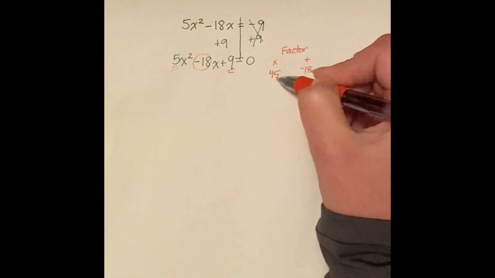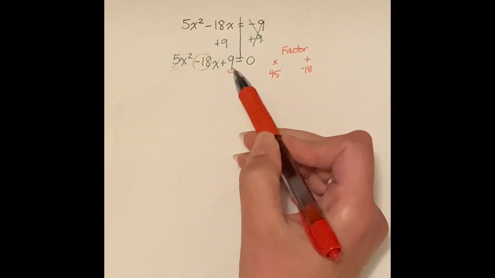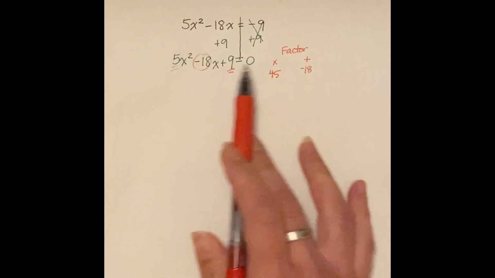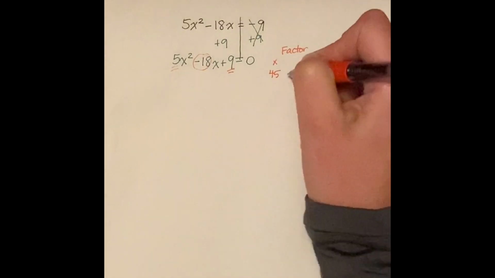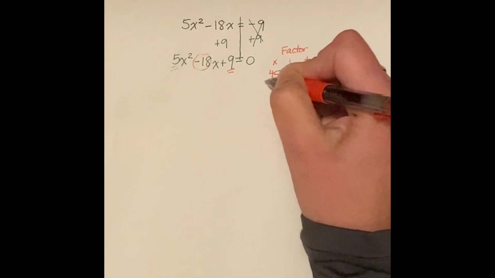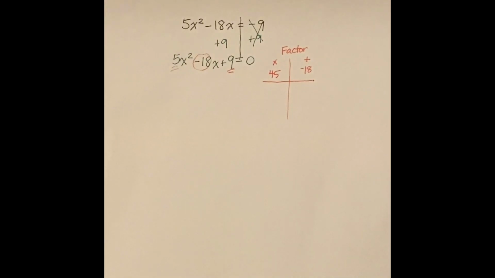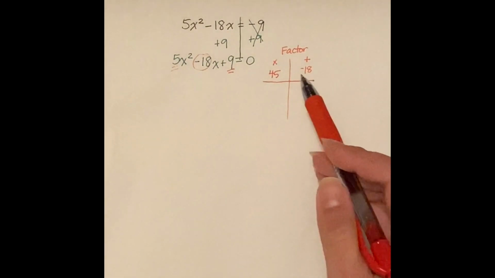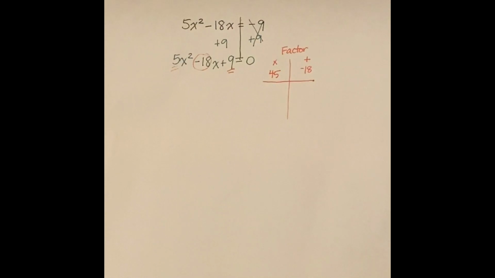So again, we get the multiplying number by taking a times c and our adding number from our b value. If it's going to multiply to a positive number, I know that my two numbers have to either both be positive or both be negative. I can narrow that down further because I know that it needs to add to a negative number, which means I am looking for two negative numbers.